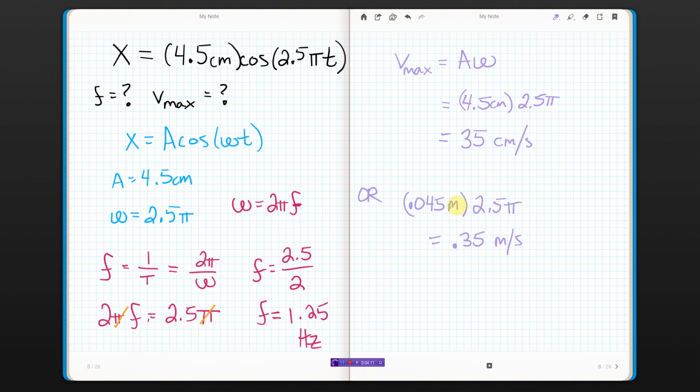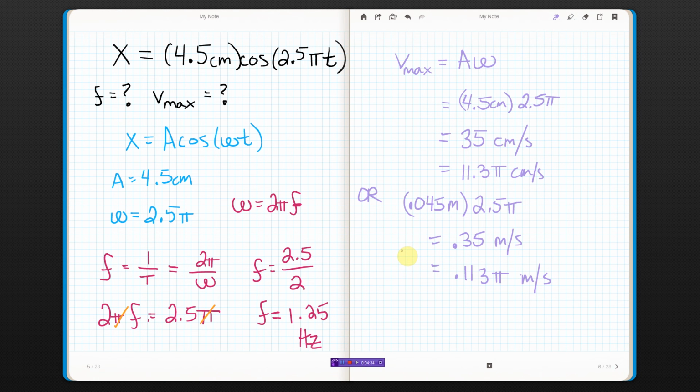You also have the option of leaving things in pi. That's totally cool. If you want to do that, this one would be 11.3 pi centimeters per second, and this one would be 0.113 pi meters per second.